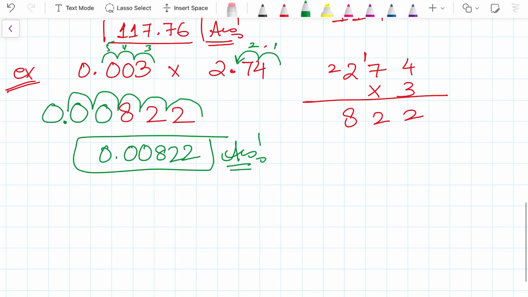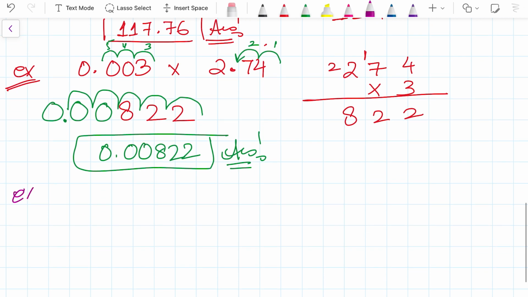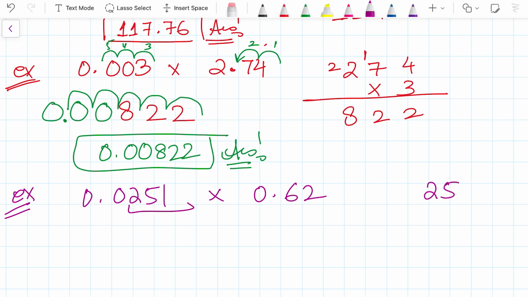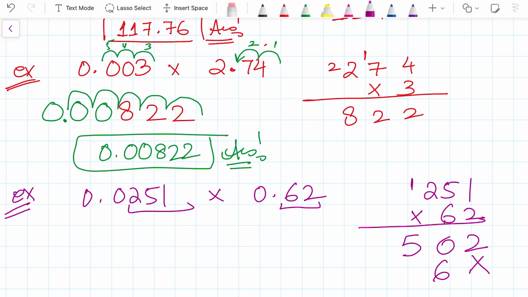I'll do another example of the same concept. 0.0251 into 0.62. So I can say this is 251 to be multiplied by 62. 2 times 1 is 2. 2 times 5 is a 10. 2 times 2 is 4 and 5. 6 times 1 is a 6. 6 times 5 is a 30. 6 times 2 is a 12.